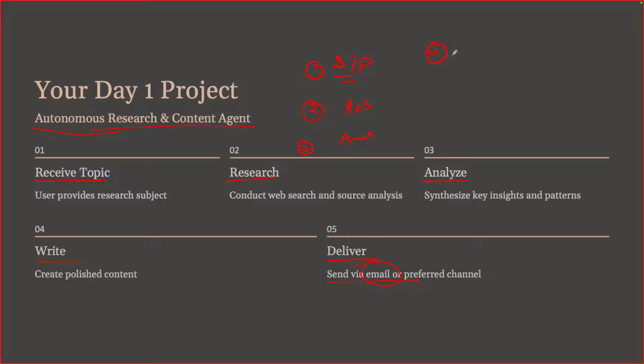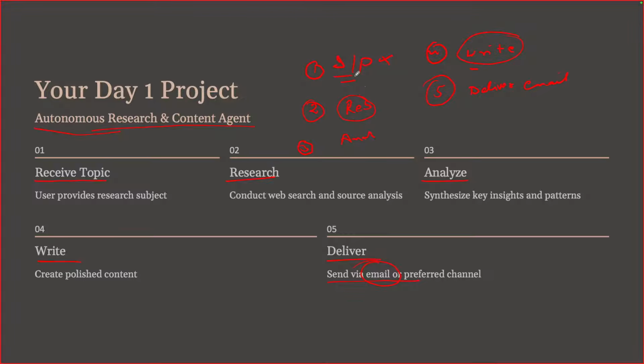Being a human, we first finalize which topic we would like to work on. Can I go ahead and do the research without taking the input? No, right? I have to have an input, then only can I do the research. Or can I directly write an article without taking the input, doing the research or the analysis? I cannot, right? Why? Because these are sequential things.